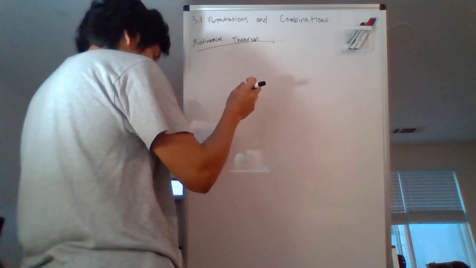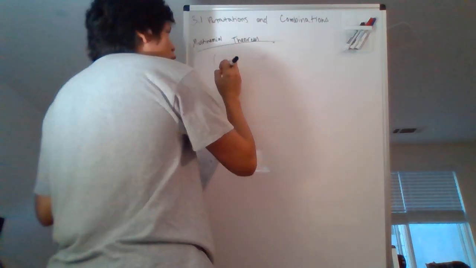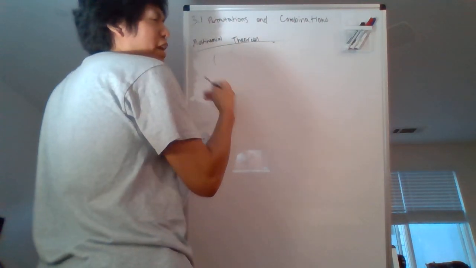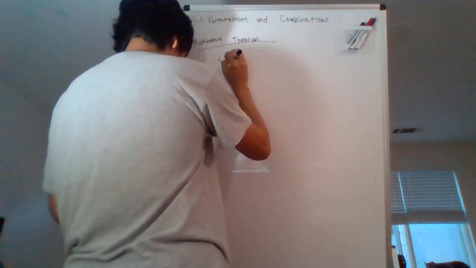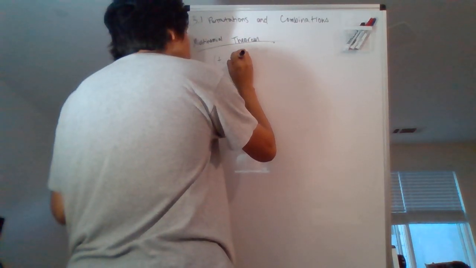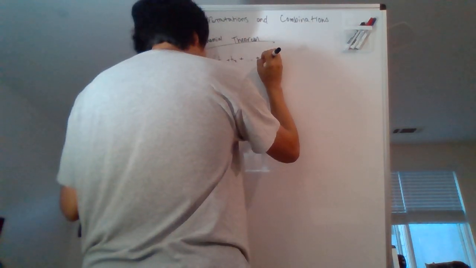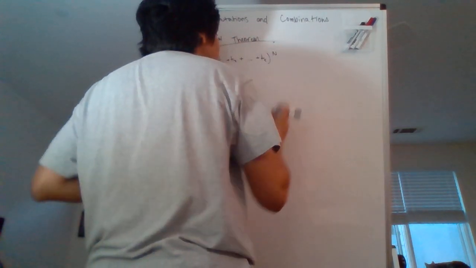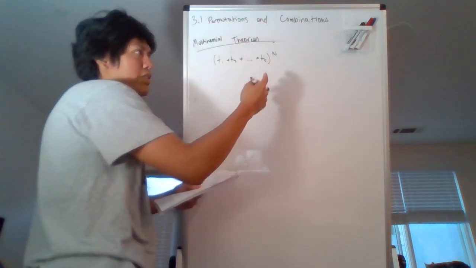Okay, so in the power series expansion, this is the general form of that x plus y to the fourth. But let's say we have something that looks like t1 plus t2 plus all the way to ts raised to the n, and n is a positive integer.